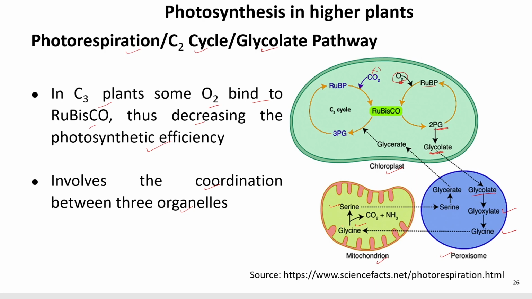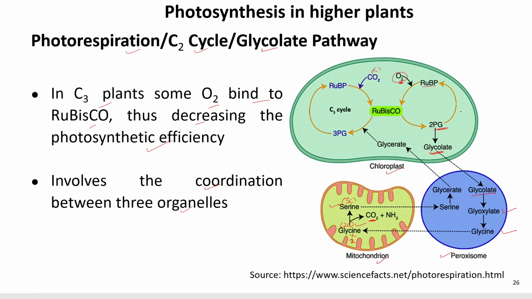Here two molecules of glycine are used, and then it is converted into serine, which is a 3-carbon compound. Glycine is a 2-carbon compound. And there is a release of carbon dioxide here.